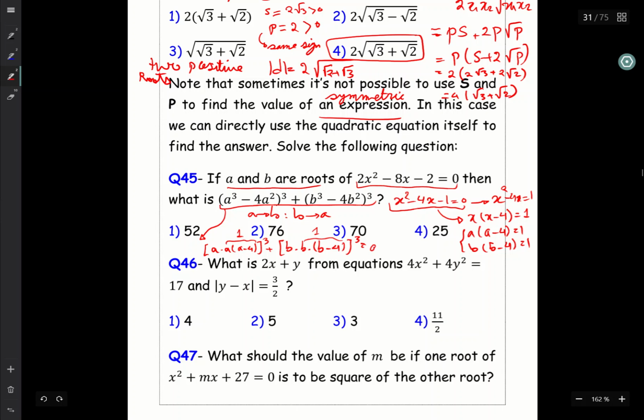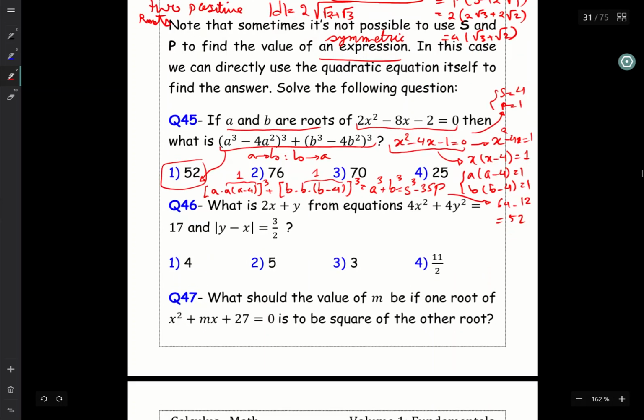So we end up with a cubed plus b cubed, and we already know that this is s cubed minus 3sp, right? So what is s and p? S is 4 and p is 1. So s cubed is 64 minus 12. So this is 52, the first choice.